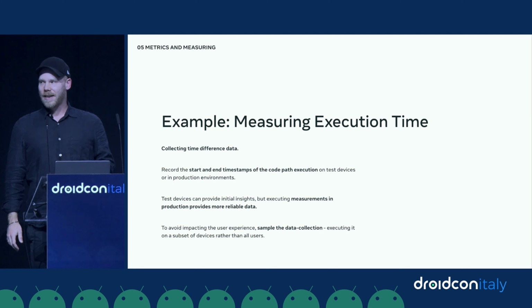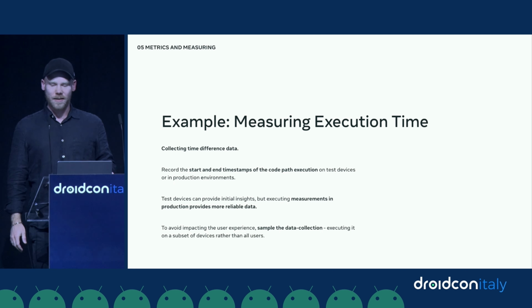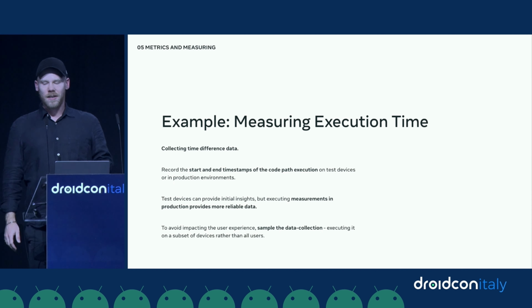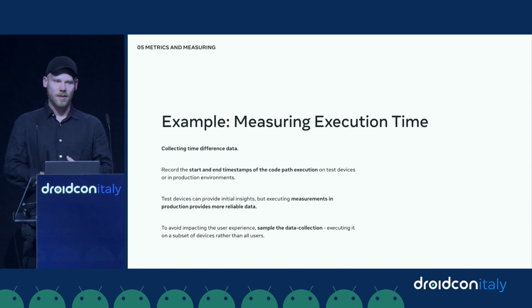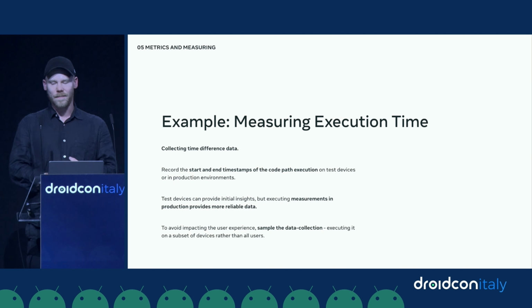We can do this on test devices. We can do this on production environments. The test devices can provide initial insights, but executing these measurements in production usually provides a lot more detailed and fine-grained data. Because in the end, our users are not using the test devices, they are out there in the real world, and this will just give us better insights.